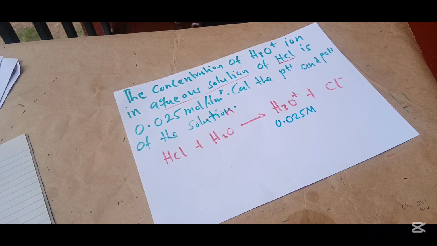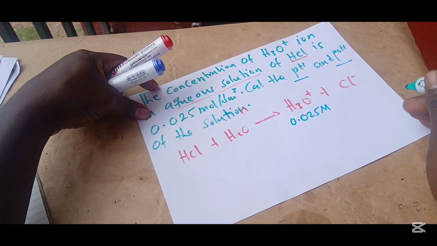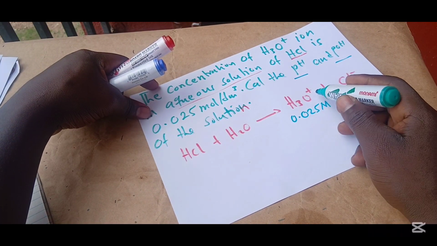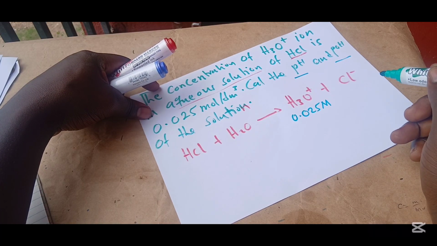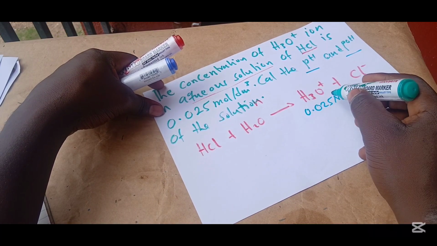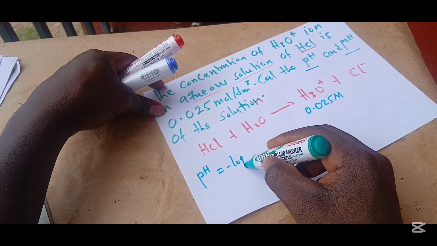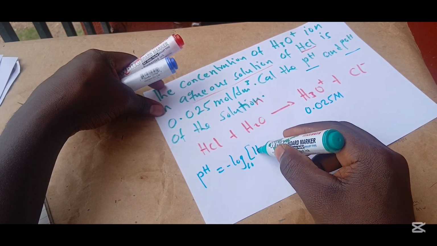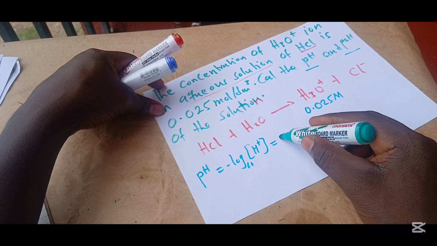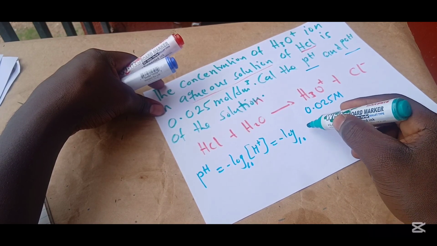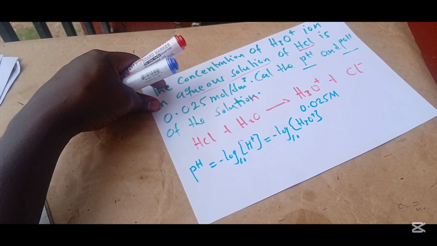Now we have to calculate the pH and the pOH. The H3O plus and the H plus ion are responsible for the acidity of a substance generally. So pH is written as the negative log of H plus ion concentration, which is the same as negative log base 10 of H3O plus ion concentration.